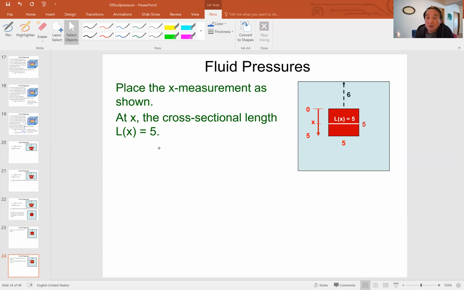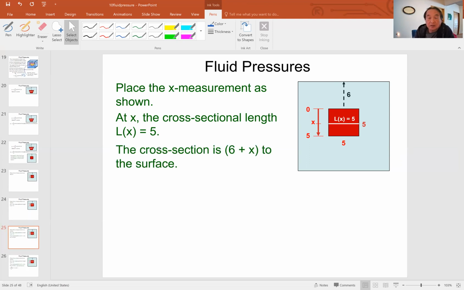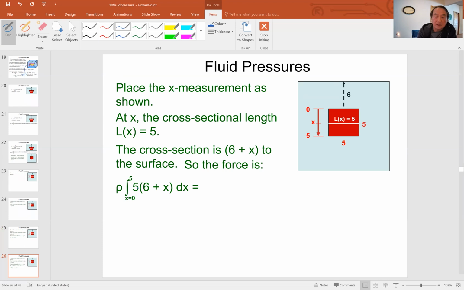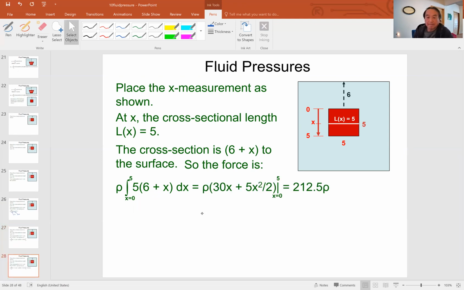What's the height to the surface? It's going to be x plus 6. So the area times the density: we have the cross-section length Lx times the distance we travel. And integrate that.